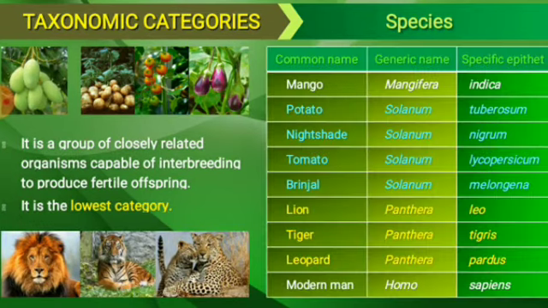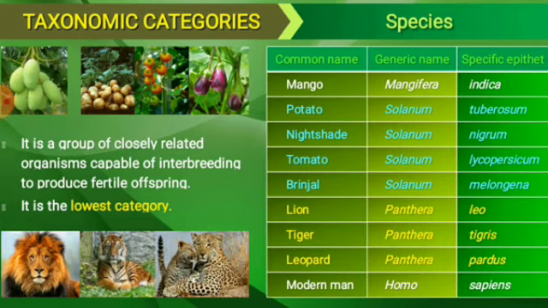Here we can see the different species of some organisms mentioned. If we take the case of the genus Solanum, it consists of different species like potato, which belongs to the species tuberosum, tomato, lycopersicum, and brinjal, melongena.